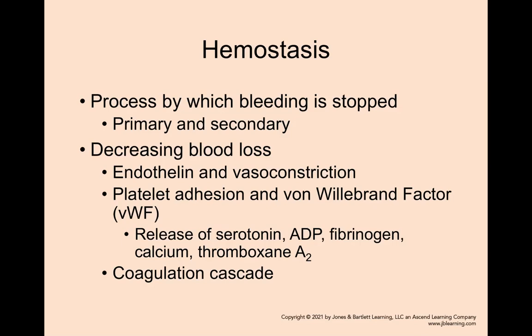When the calcium is released by the platelets, that activation is necessary for coagulation factors 2, 7, 9, and 10 to be activated. Vitamin K is made in the liver, and that produces the precursors to those factors.